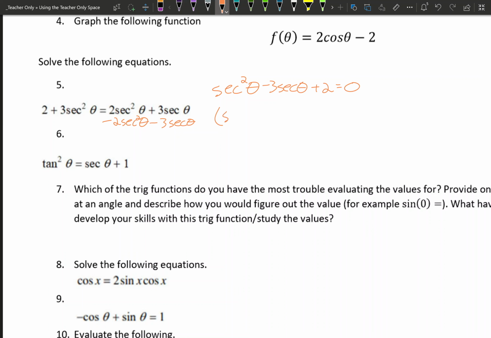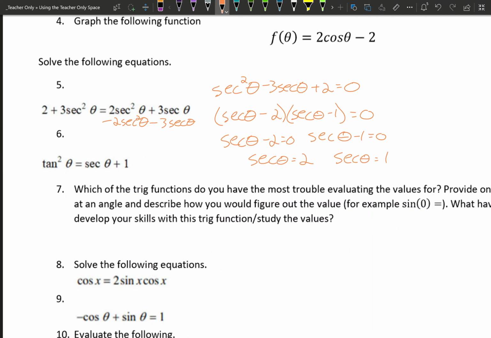We can factor this to secant of theta minus 2, secant of theta minus 1. We'll set each of those equal to 0. So we're looking at secant of theta is equal to 2, and then secant of theta is equal to 1.